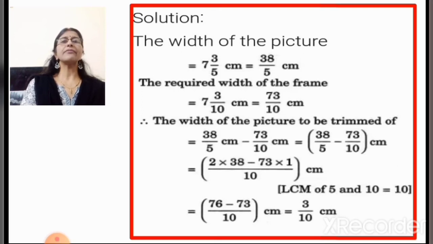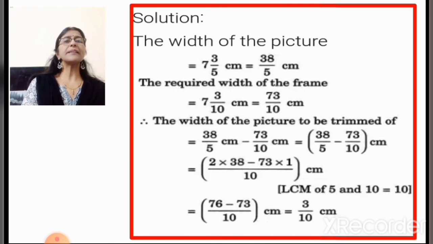Then we will write down the width of the frame, 7 3 upon 10. 7 tens are 70 plus 3, 73 upon 10 centimeter. Now we have to trim the picture. So the picture is big, so we'll have to subtract. First we'll write down the bigger number, that is 38 upon 5.